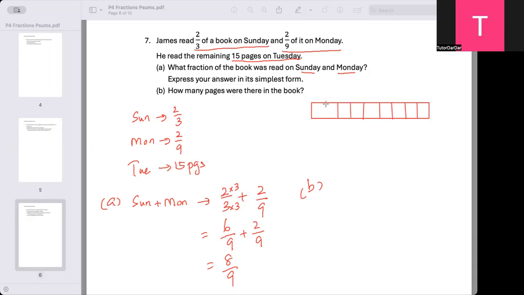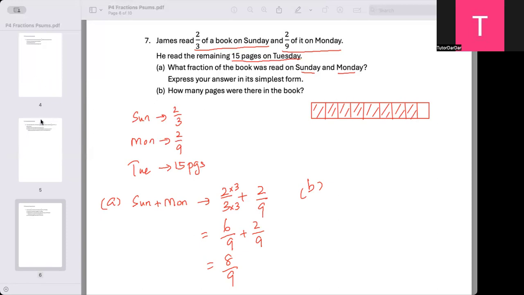So I'll be drawing 9. And because Sunday and Monday is 8 units of them, so I'll be shading 8. 1, 2, 3, 4, 5, 6, 7, and 8.